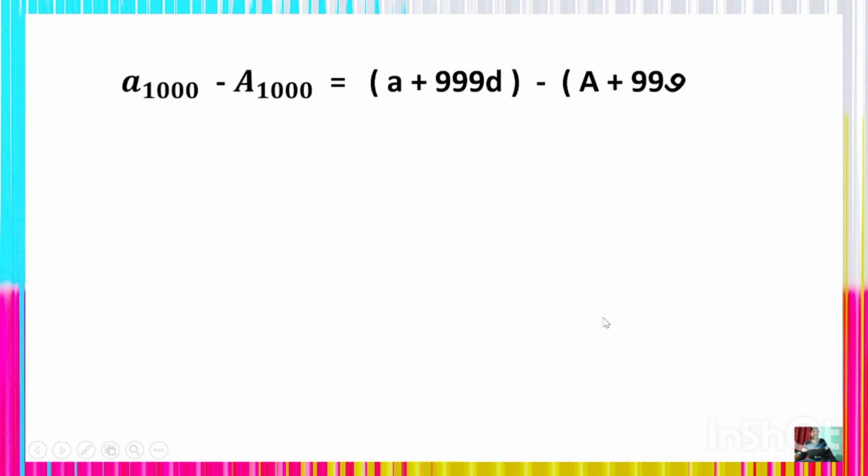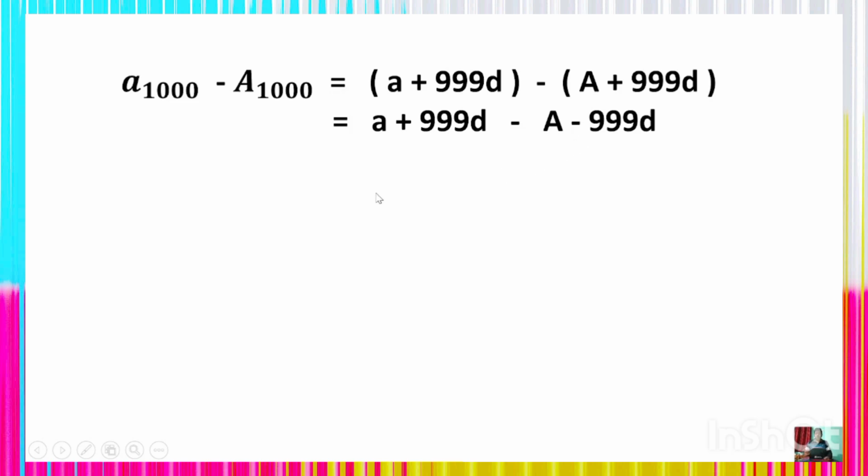Let's find the difference. So a1000 minus capital A1000 is equal to a plus 999D minus (capital A plus 999D). After removing the bracket it will be a plus 999D minus capital A minus 999D.